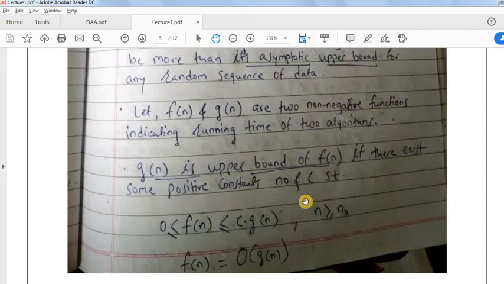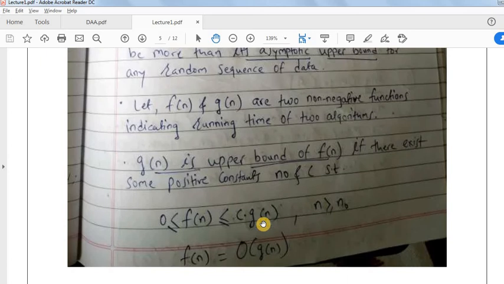Remember, here n0 and c are positive constants. For these values we are getting the upper bound value. In short, the algorithm represented using function f of n will always have the time required that will be less than or equal to c of g of n.